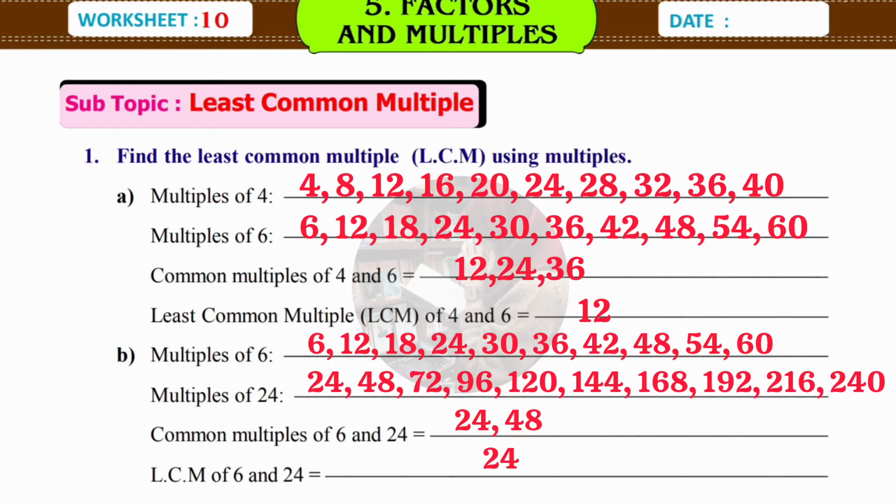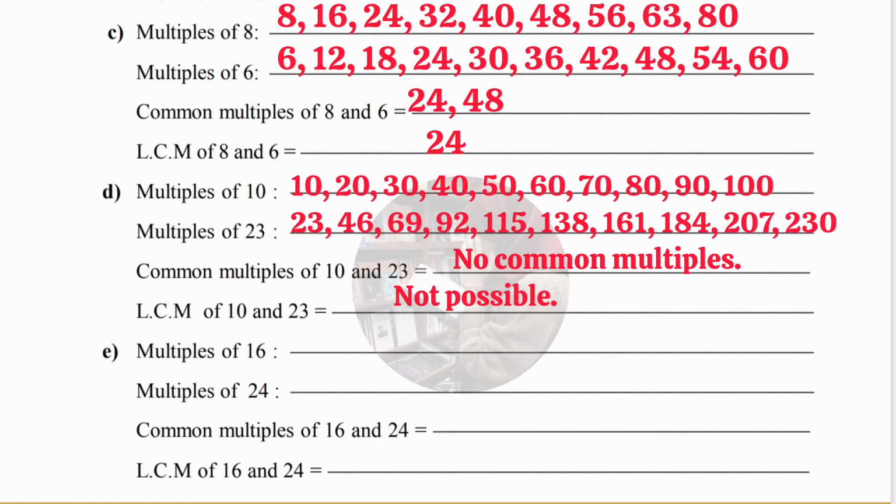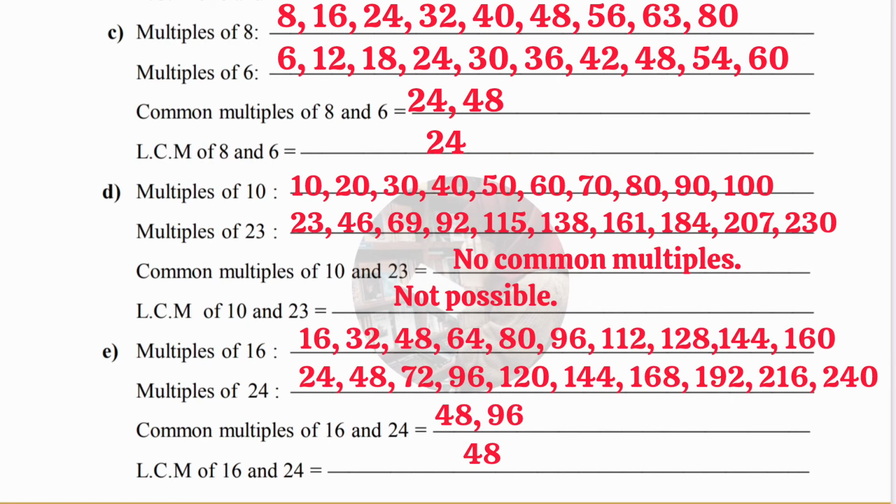If you observe the common multiples, you'll get two numbers, 24 and 48. Among these two, which is the least common multiple? 24. So 24 is the least common multiple of 6 and 24. Like that, we have to do for the rest of the numbers.